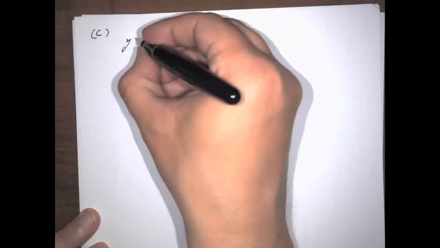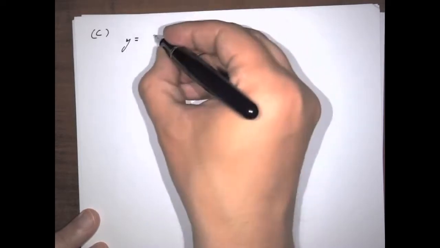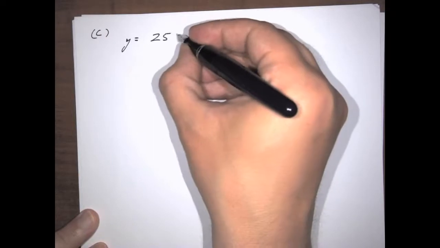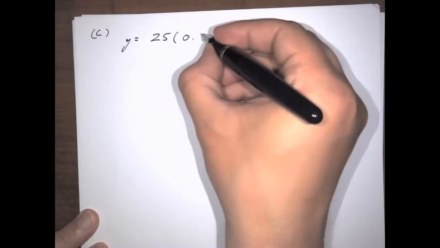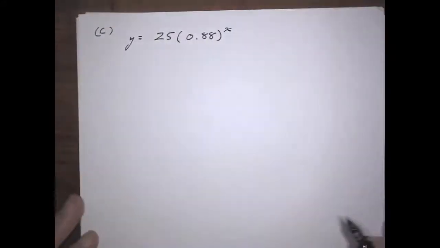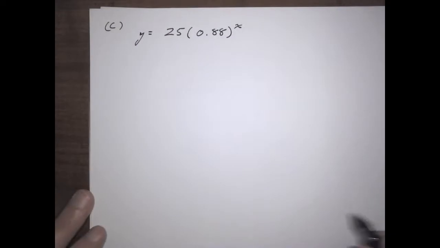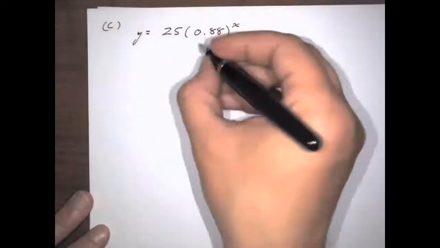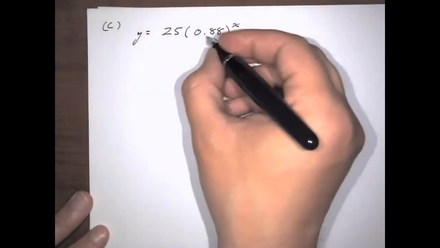And now for another example, let's take something like this. Let's go y equals 25 times 0.88 to the x. So it can be x or t, either way. So here now we again are in an exponential format.